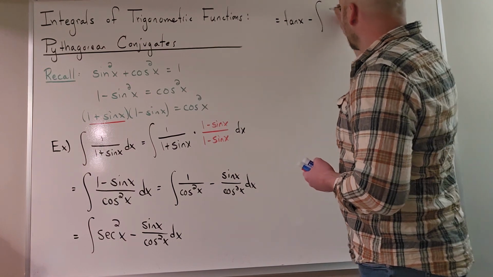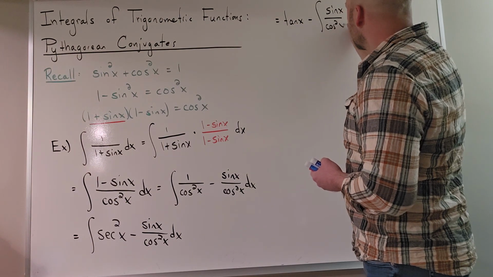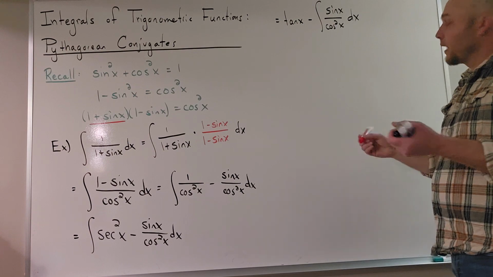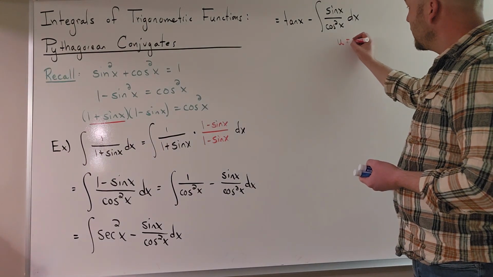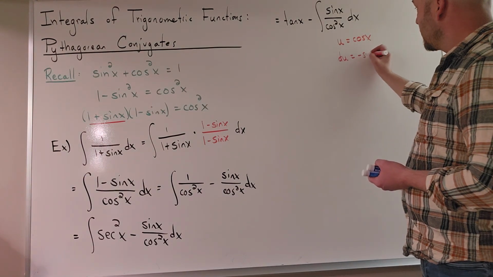minus the integral of sine over cosine squared. And again, I mentioned a u substitution, so let's write out the details. u is cosine, therefore du is minus sine.